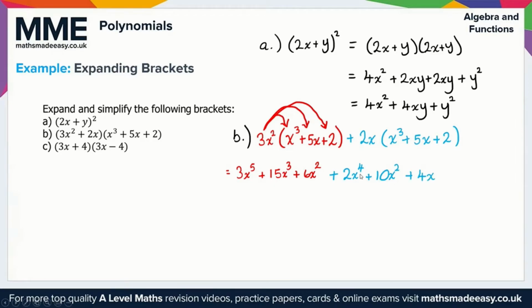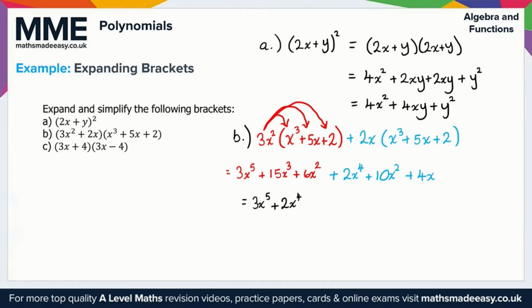And now if we just go back to our black pen, just so we can simplify everything and make it clear what our final solution is, we're just going to collect like terms. So we've only got one x to the 5, or 3 lots of that. There's no other x to the 5s, so that's just simply 3x to the 5. Same again with this 2x to the 4. There's no other multiples of x to the 4, so we just write that part as plus 2x to the 4.